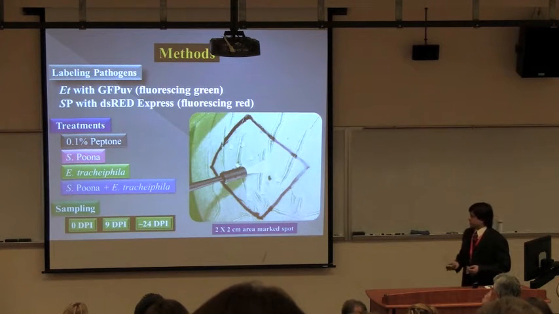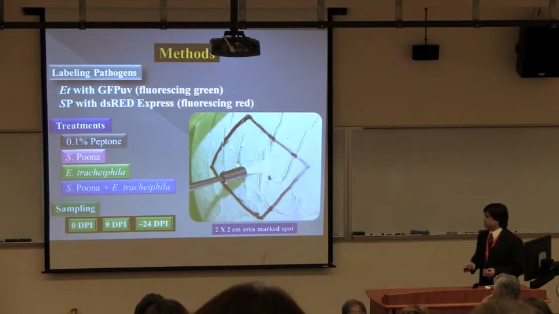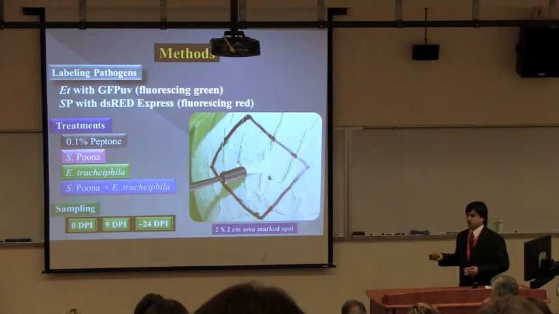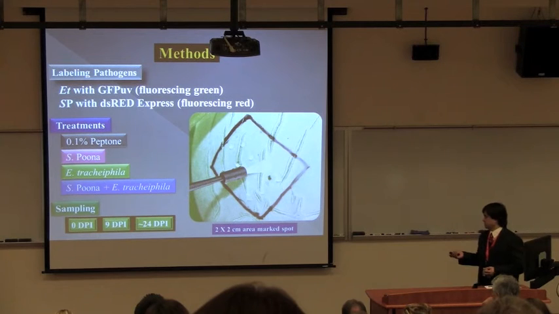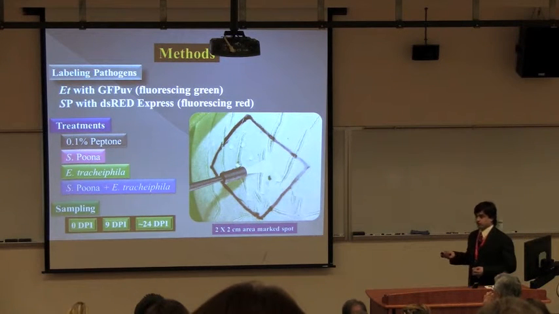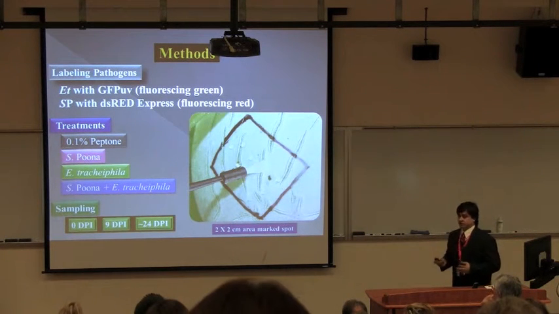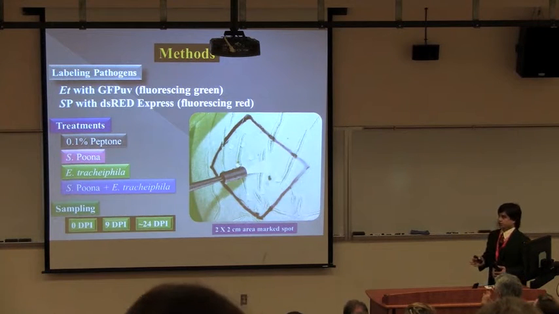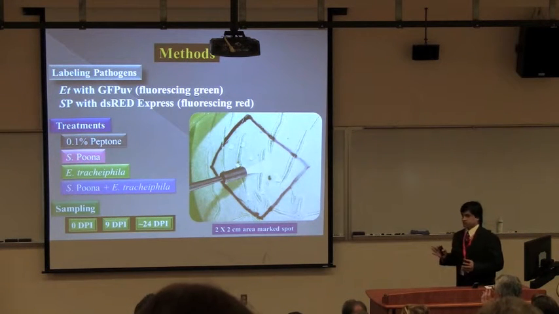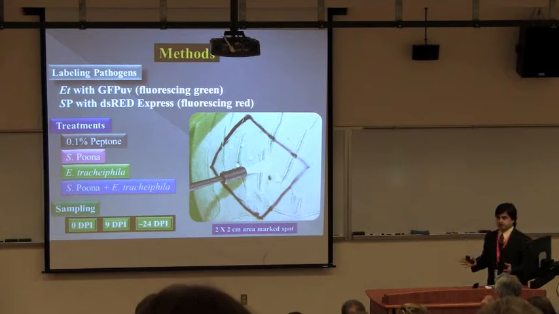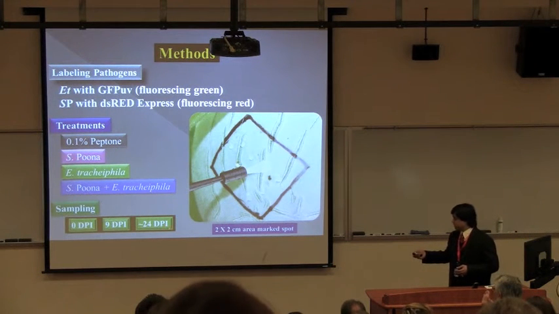Sampling was done right after inoculation, 9 days after inoculation, and 24 days post inoculation. The 24 days is the average calculated from the maturity date of the fruit, so this sample was taken at the time of maturity.